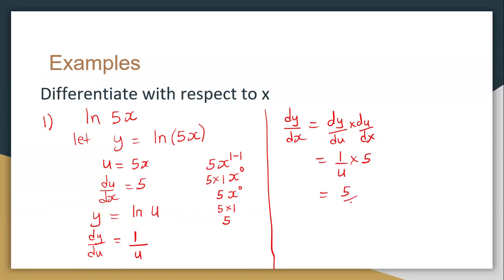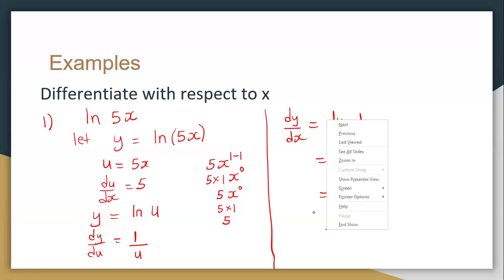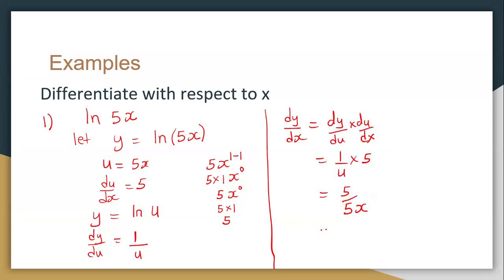So we have 5 out of 5x. When you reduce, the 5 and the 5 cancel, so you remain with 1 out of x. And this is our dy/dx.